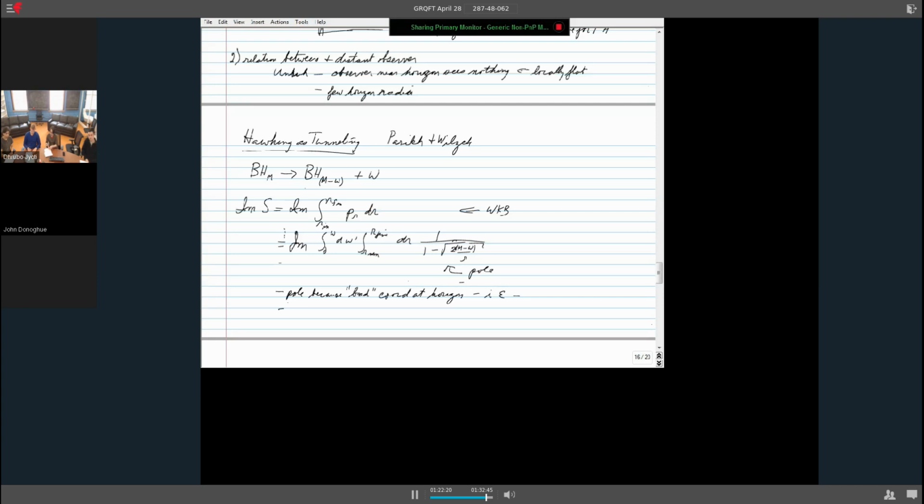They turn it into an integral over omega, the emission from r initial to r final, of dr times 1 minus the square root of 2(m minus omega) g over r.